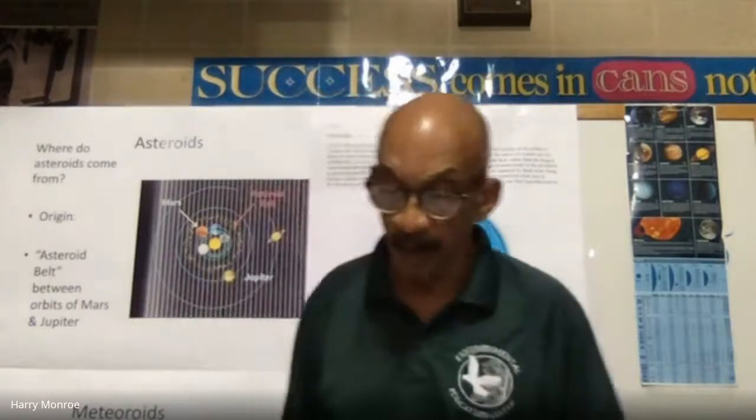Now I'm going to go to asteroids. Their origin is the asteroid belt, and that belt is located between the planets Mars and Jupiter. They're made out of rocky objects left over from the formation of the solar system, and their size is a little bit smaller than a comet, ranging from 1 kilometer to 300 kilometers in diameter.